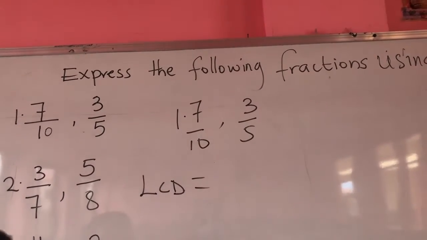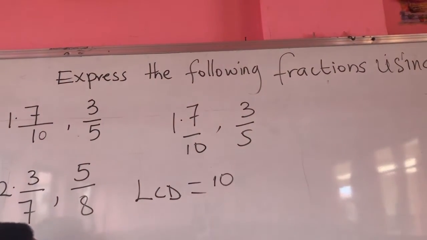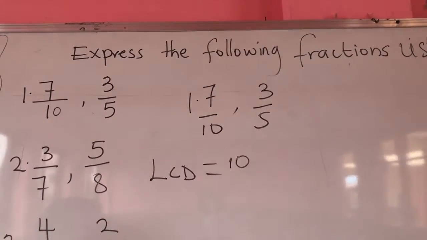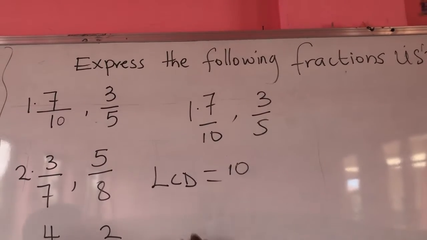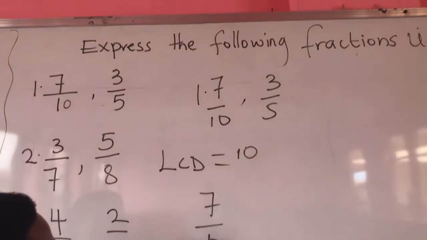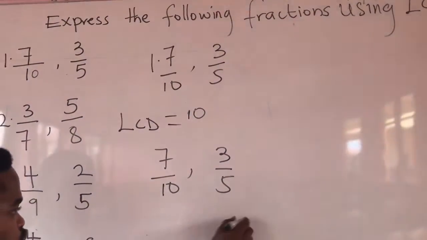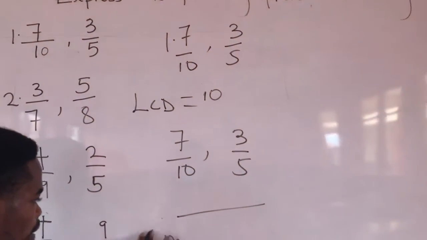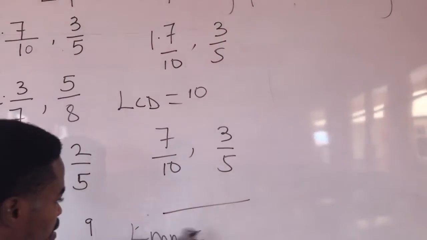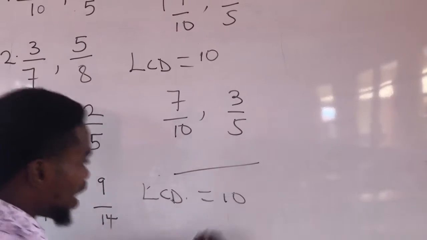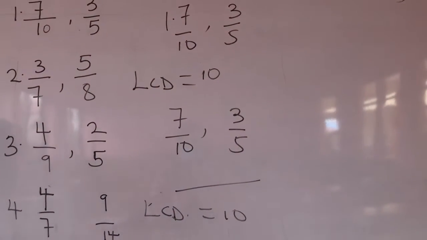So we can say that our LCD is 10, because 5 can go into 10 and 10 can go into itself. So we write 7 out of 10, 3 out of 5. Our LCM or LCD is 10.